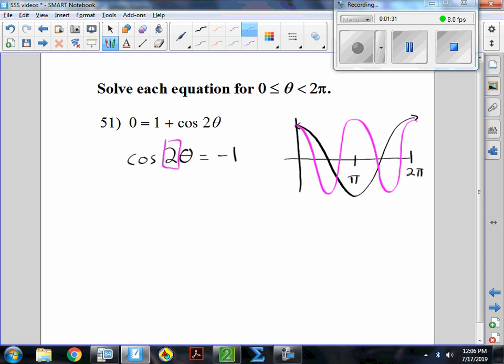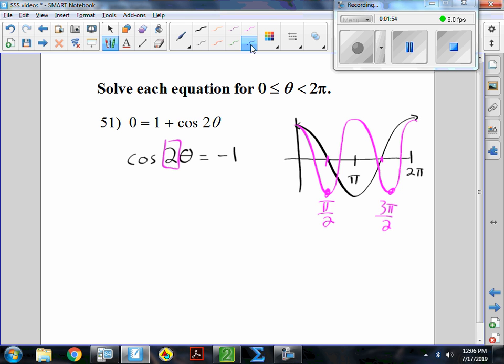So 2 full cycles between 0 and 2 pi. So where is cosine 2 theta equal to -1? Well, here and here. That happens at pi over 2, and that should happen at 3 pi over 2 as well. So graphically, from 0 to 2 pi, it's happening twice instead of once.